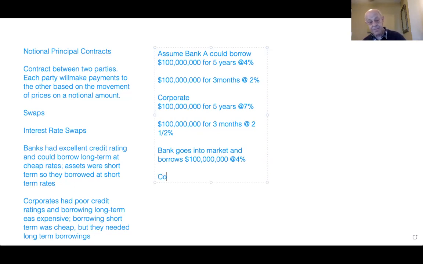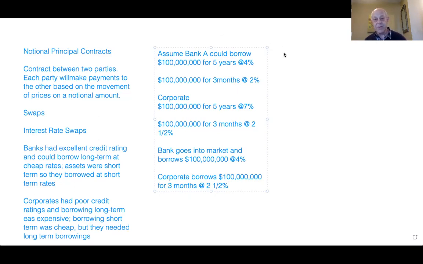And the corporate goes into the marketplace. They borrow 100 million for 3 months at 2.5%. So the corporation has the 100 million they want. The bank has the 100 million they want. It's just that they borrowed at the wrong rates and for the wrong term.